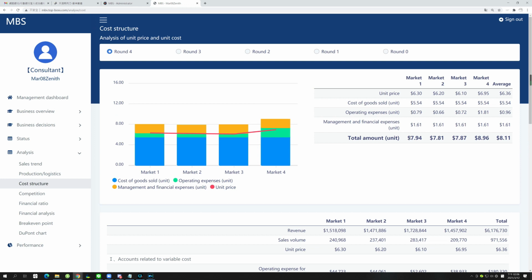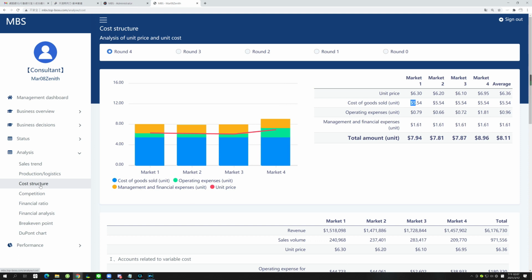For this one, to manufacture each unit, you have to spend $5.54, and if your raw material cost is $4.50, it will affect the final cost of the unit. As you see, there are benefits in buying more raw material in the very beginning.